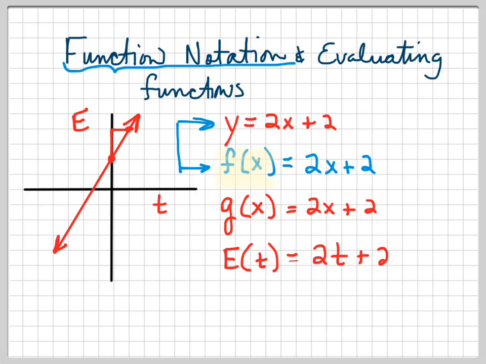So notice two things changed. I changed it to function e, and my variable in the parentheses, I put a t there because that's what's acting as my x in this case. And that variable inside the parentheses should match the variable inside the actual function. So that is function notation essentially.